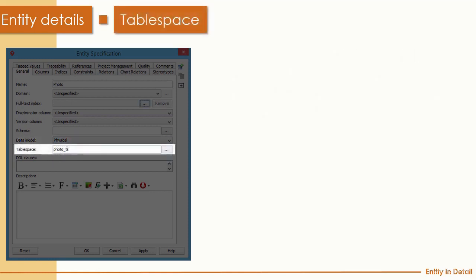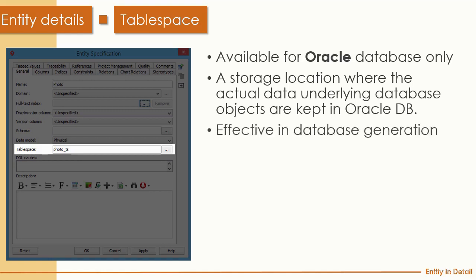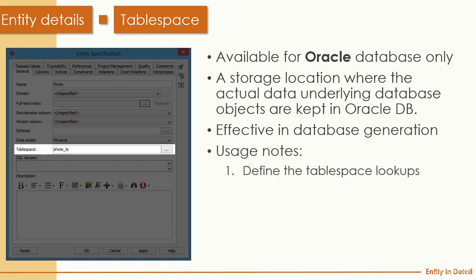The table space. The table space is only available for Oracle. So if you generate to another database engine like MySQL or MS SQL, it isn't effective. The table space is a logical location where to store your table in the Oracle DB, and this is a kind of database generation property.